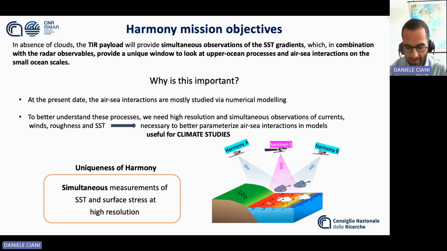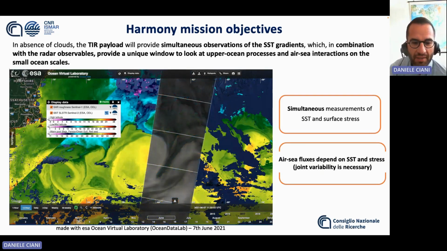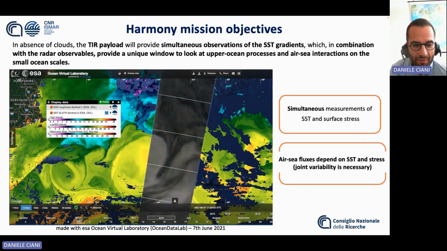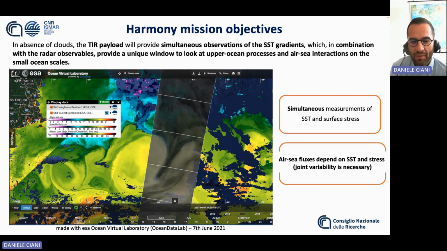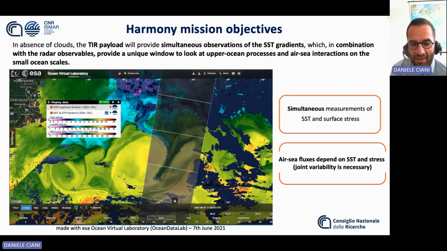You can have a very simple example in this image where in colors we are in the Atlantic Ocean in correspondence of the Gulf Stream, where you can recognize lots of mesoscale and submesoscale activity. In colors you see sea surface temperature, and in black and white with a progressively increasing transparency you can see sea surface roughness.